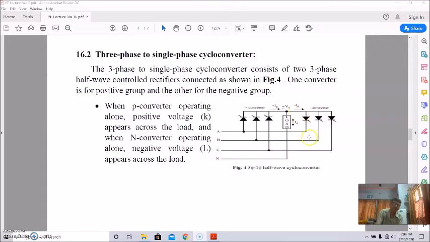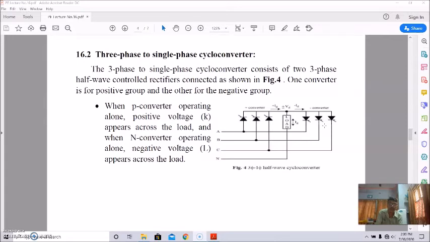That means the load current is collected, flowing to the negative group, that is negative load current, basically supplied by this negative converter group.